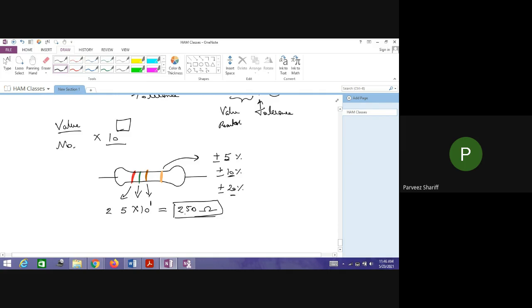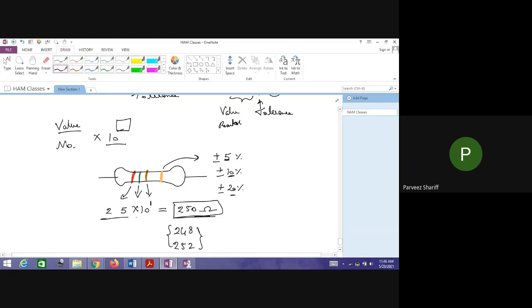It means if I say 250 ohms, it might be 248 ohms or 252 ohms, maybe at 5%. If I'm not wrong, 5% of this is somewhat like this. The resistance value will range between these values. 10% means the variation in terms of 10%.